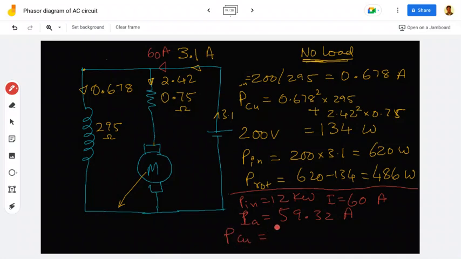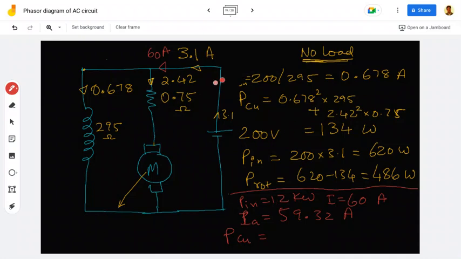Now the copper loss, it should be 140. So where is the mistake? Is the current value different? Let us check once again. 0.678 square into 295 plus 2.42 square into 0.75.